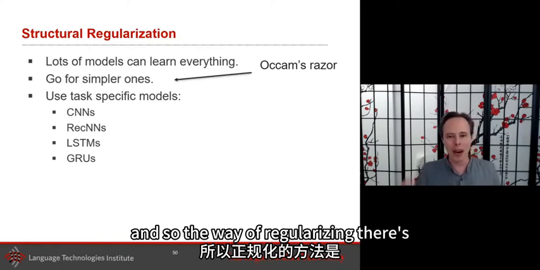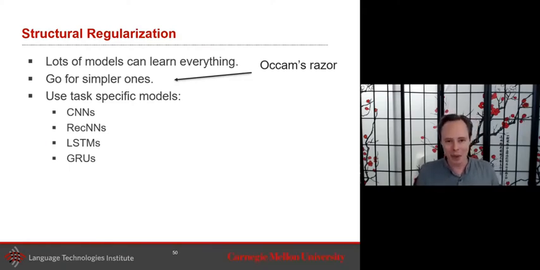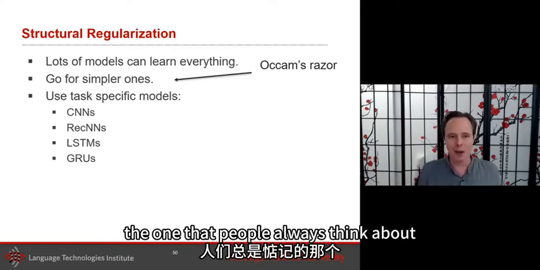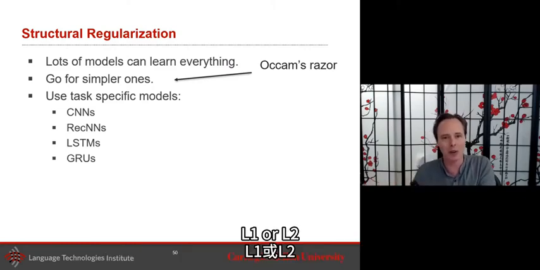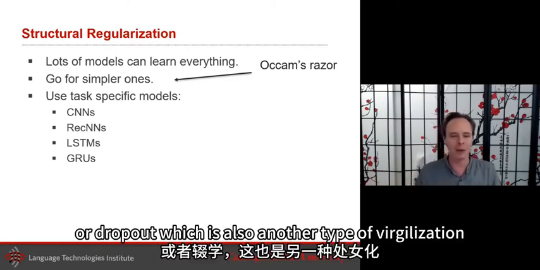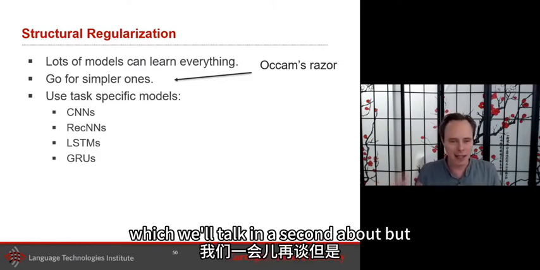There are different ways of regularizing. The one that people always think about is adding a term, like I said, L1 or L2, or dropout, which is also another type of regularization, which we'll talk about in a second.